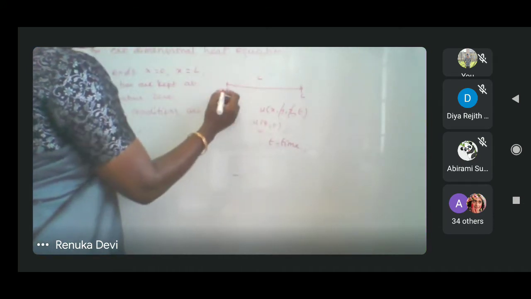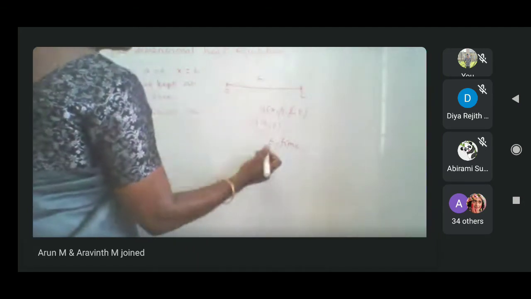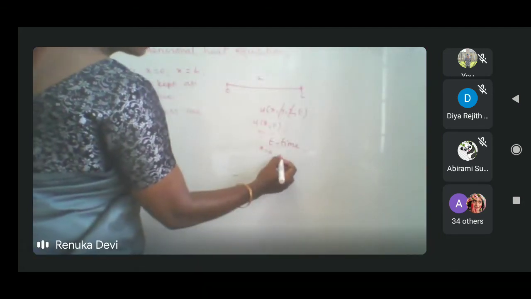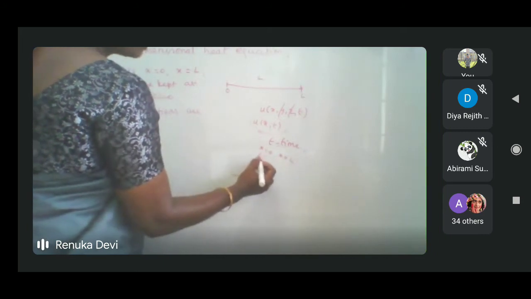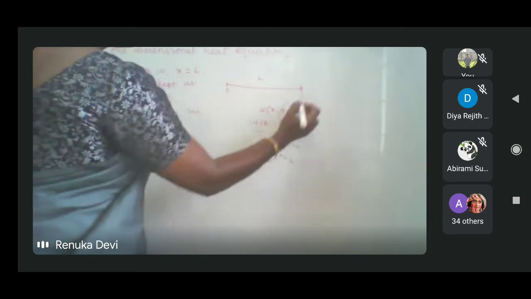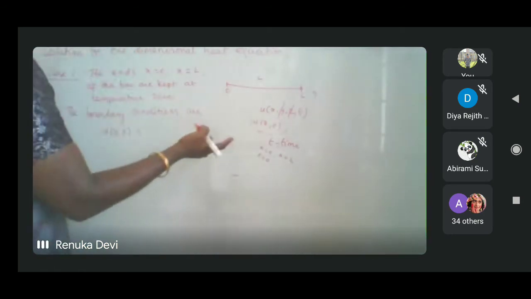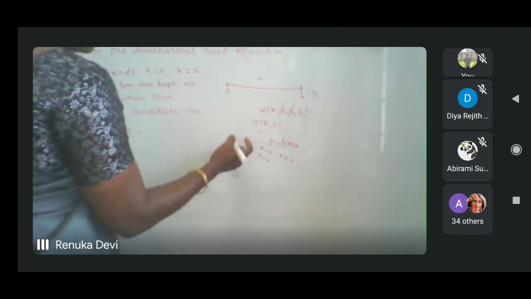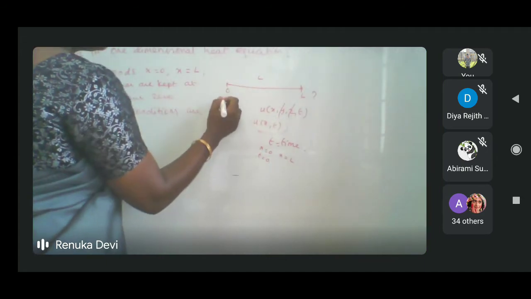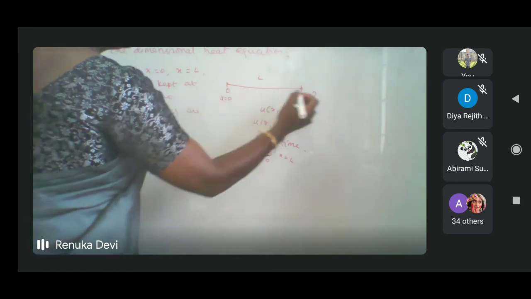This is distance: x will be 0, x will be L, and this t will be time. So initially here the time is 0, but here at the end point we don't know what the time is. And one more thing, u is the temperature. At the initial point u is 0 and here also u is 0.